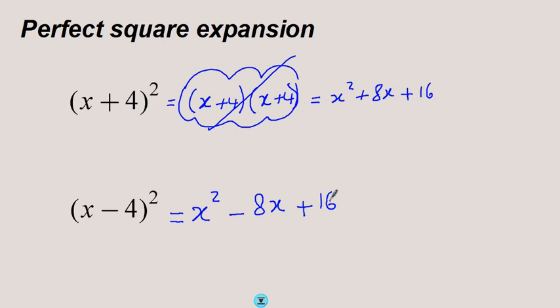So this is the shortcut. Whether you have a positive in the bracket or a negative, the shortcut is the first squared, then 2 times the first times the second, which maintains the sign of what's in the middle of the bracket, and then the second term squared.